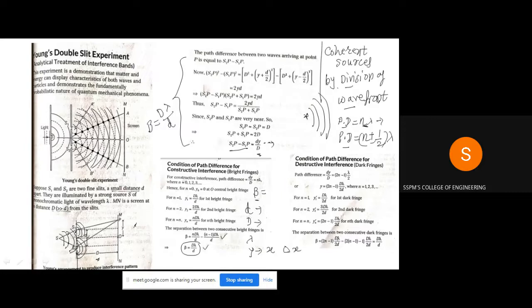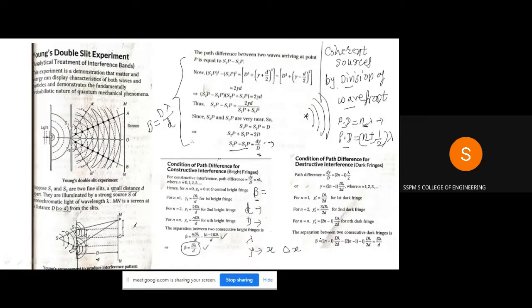This is the expression for the separation between two consecutive bright fringes. Now the separation between two consecutive dark fringes is given by beta equals (2n minus 1) into D lambda upon 2d.